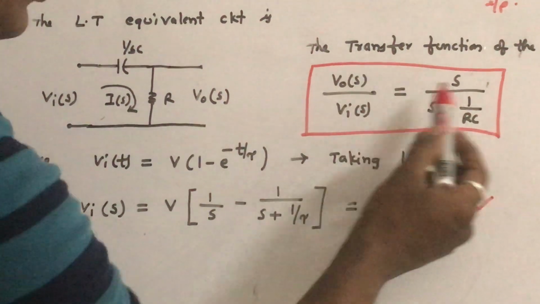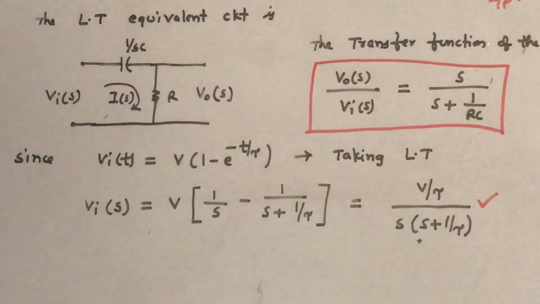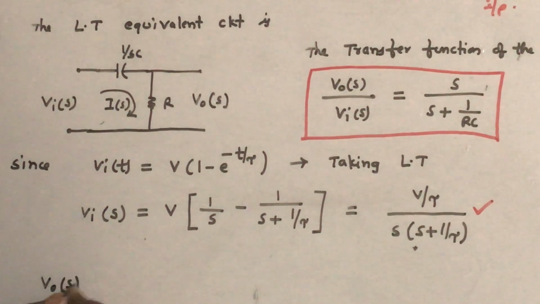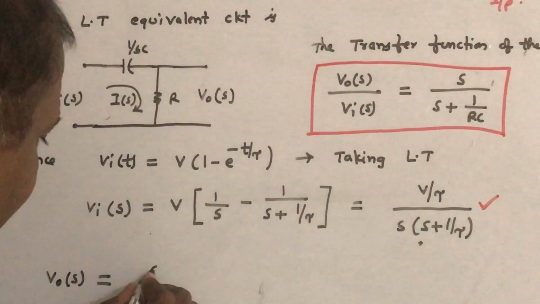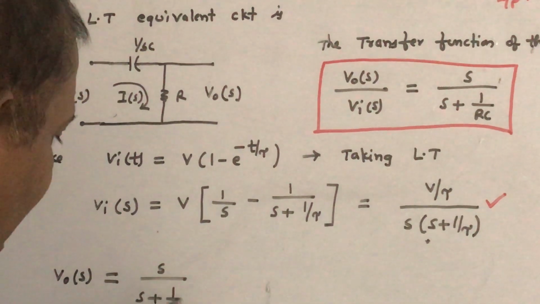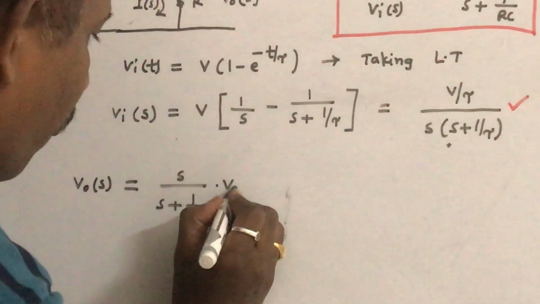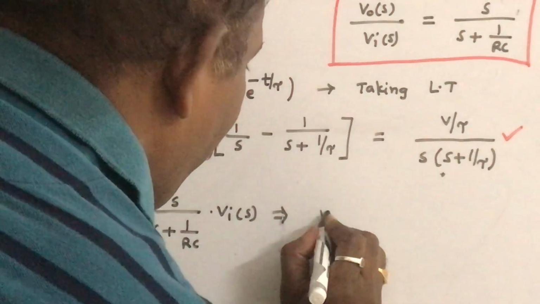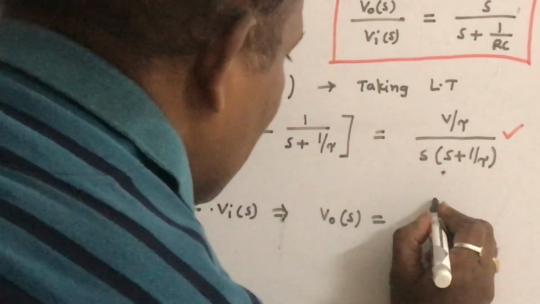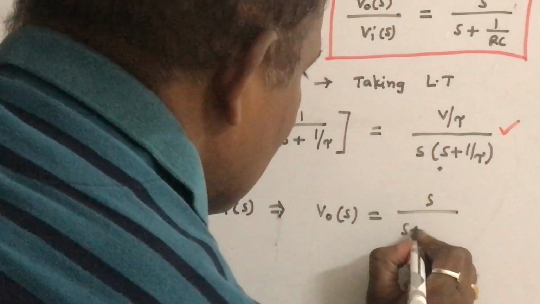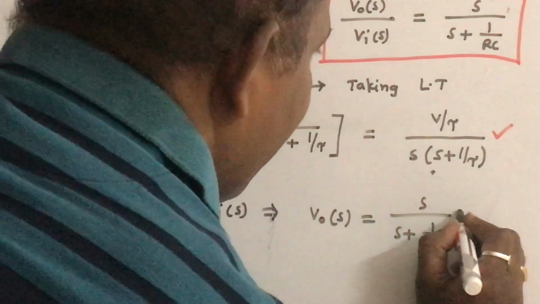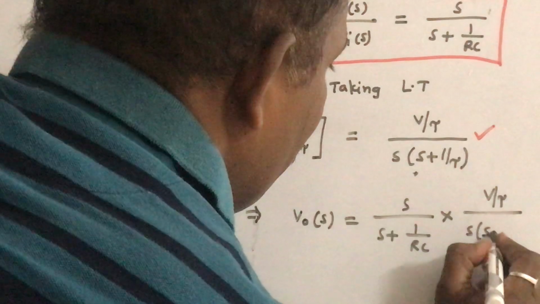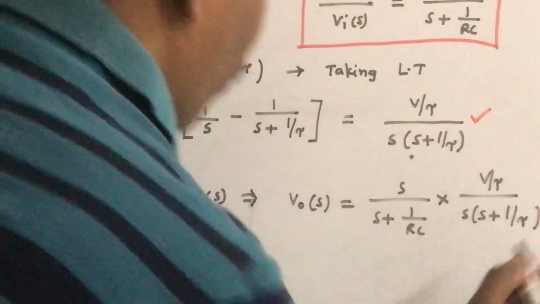Now take this VA of S to this side and find V0 of S. Therefore V0 of S, the output voltage in Laplace transform, is S by S plus 1 by RC into VA of S. So V0 of S is equal to S by S plus 1 by RC into V by tau divided by S into S plus 1 by tau.